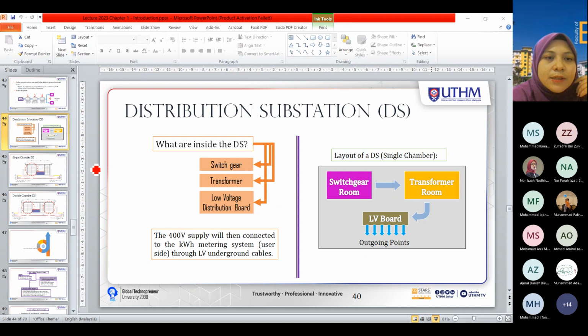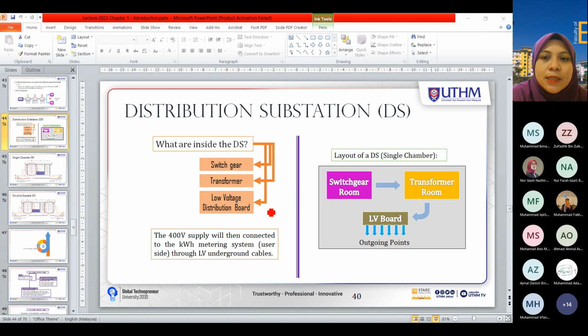Alright, second is the transformer. Transformer macam you tahu, function dia adalah untuk what? Step up, step down. We want to change the voltage level. So basically, as I mentioned before, we have two types: either we step up the voltage or we step down the voltage.